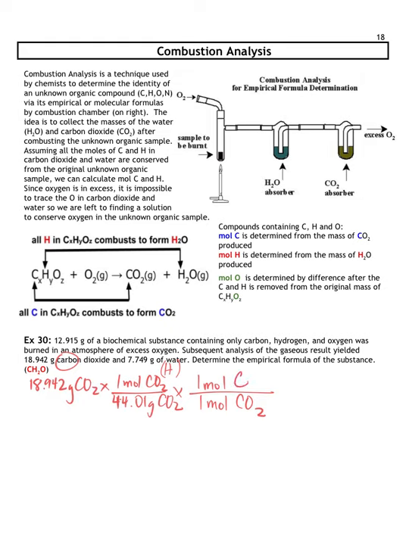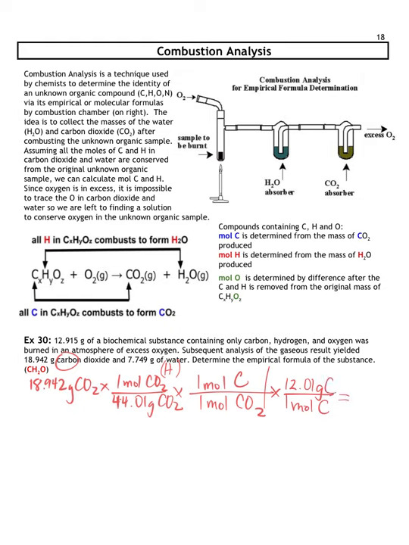And I'm going to do the same deal here with my water. Now I'm going to do a calculation stopping here, but I'm also going to do a calculation where I want to get to the mass of carbon. So 1 mole of carbon has a mass of 12.01 grams of carbon. Now why do I want both?